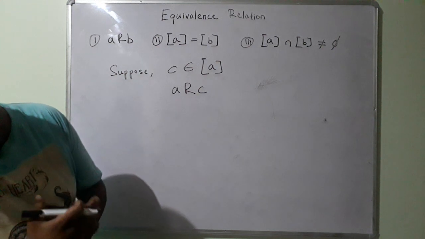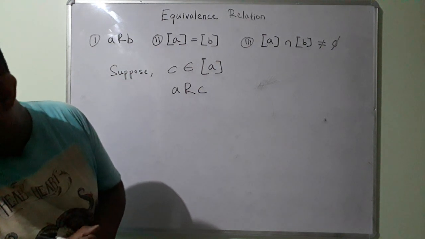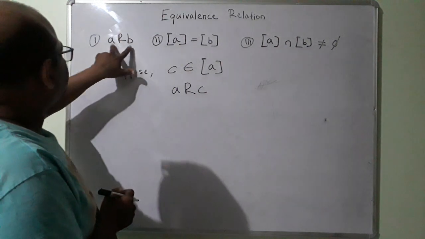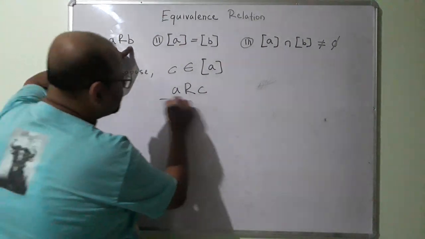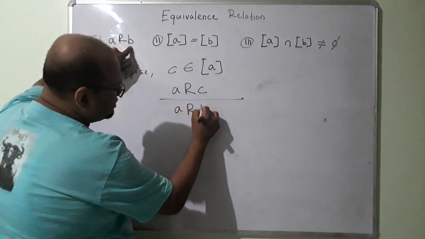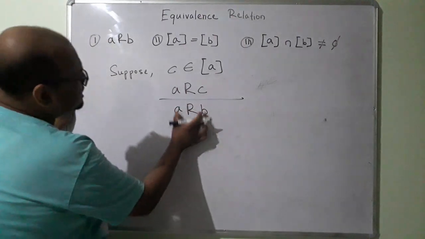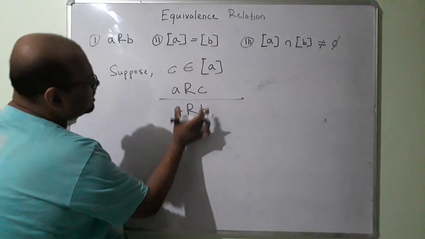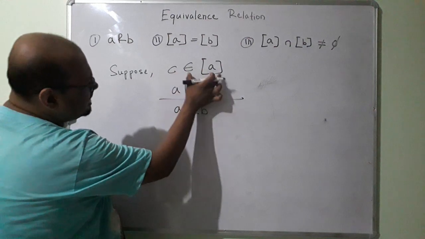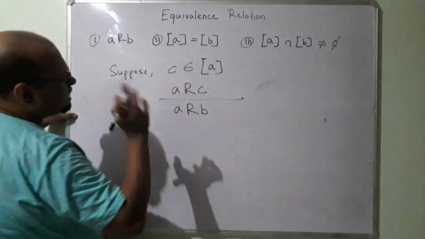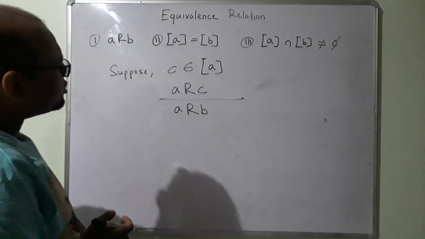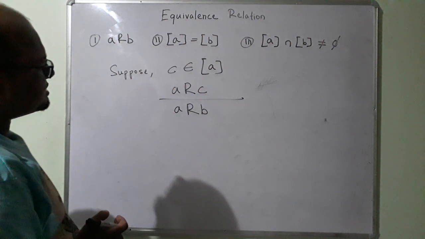Next, we know from this that aRb. We are going to show this implies this, so we know this is true, and then we have supposed that some c belongs to [a]. We have to show that this c belongs to [b]. How am I going to show this?